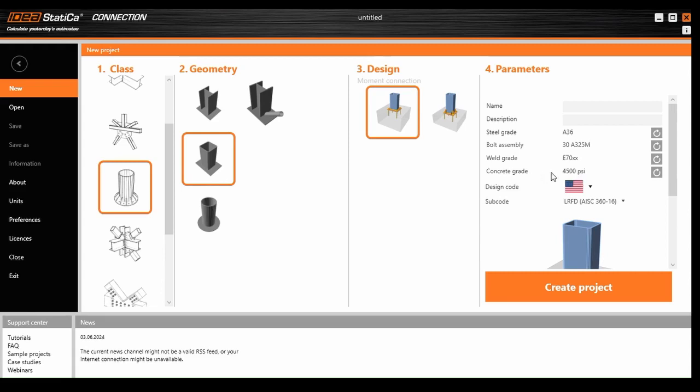It is around 30 megapascal, and the design code is AISC. As you can see, I choose the US flag, and then in subcode you can choose whether to design LRFD-based or ASD. Now click on create project. It takes a few minutes to build up the template.